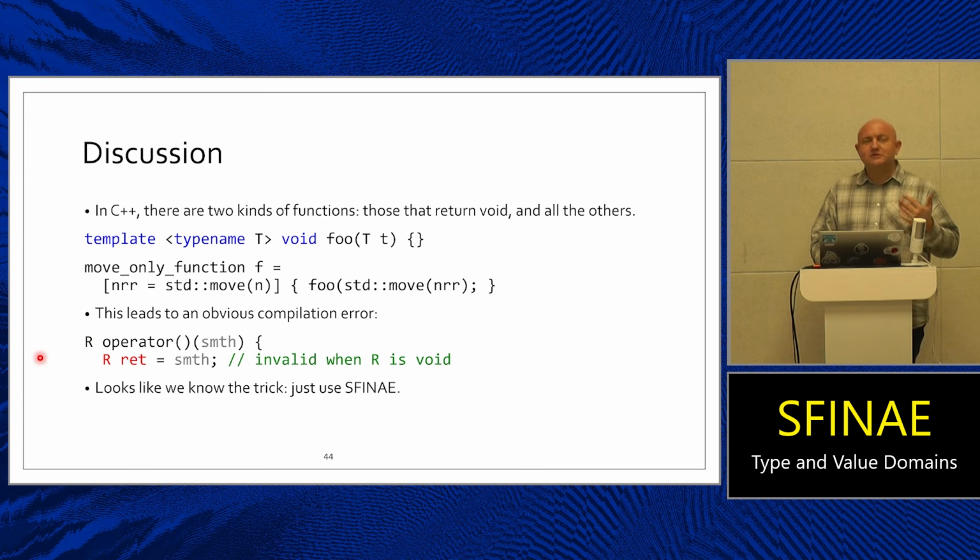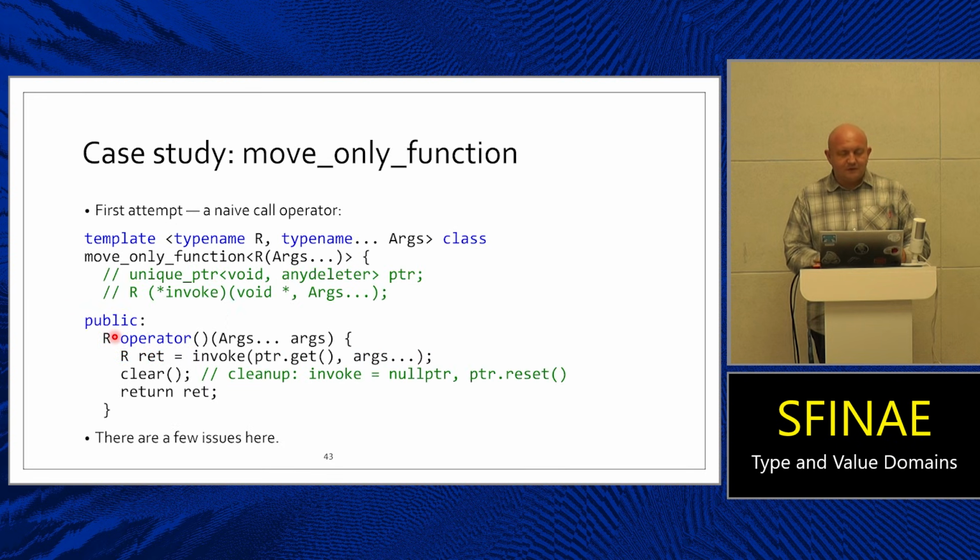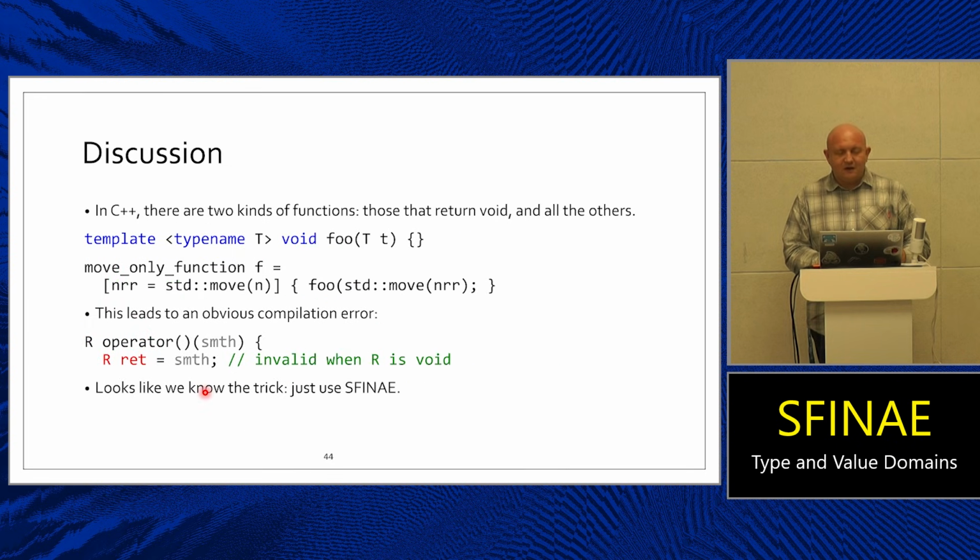There are two different kinds of functions in C++, those that return void and others. And our move-only function with this operator works fine until the callable returns void. And the moment it does return void, everything falls apart. We can't store void in a variable.